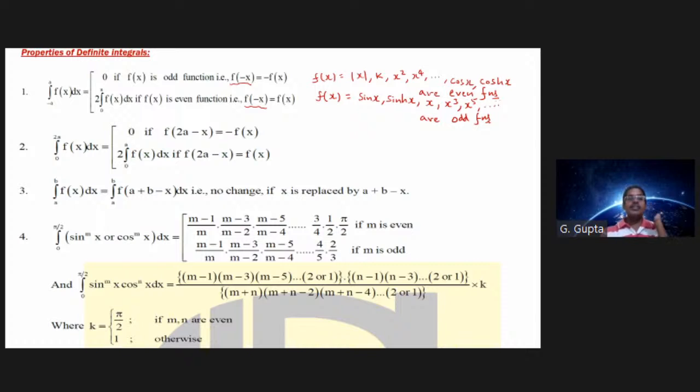On verifying the condition, earlier we used minus x for your integrand f of x. Now x is replaced by upper limit minus x. That is, in your function f of x, x is replaced by 2a minus x, where 2a is the upper limit. You will get the new function f of 2a minus x. Simplify. If you get minus f of x or plus f of x, proceed as above.